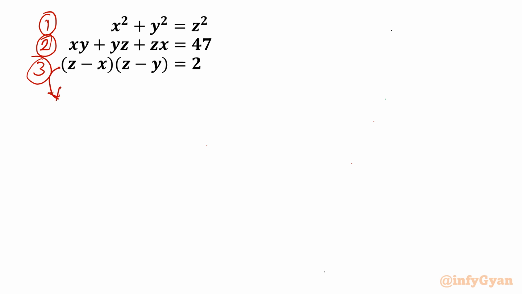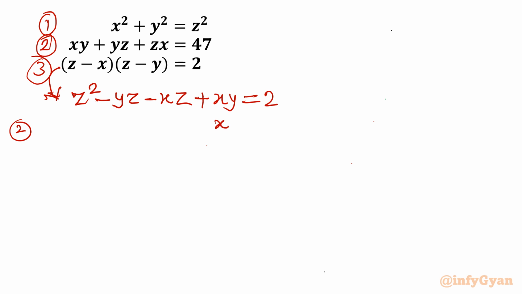Let's expand equation 3. So z times z minus... z² − yz − xz + xy = 2. Let us consider equation 2 now. I will write it in appropriate order: xy + yz + zx = 47.